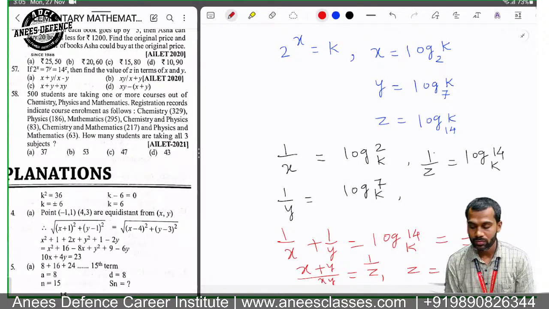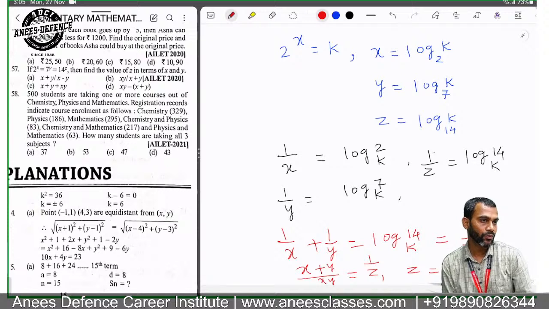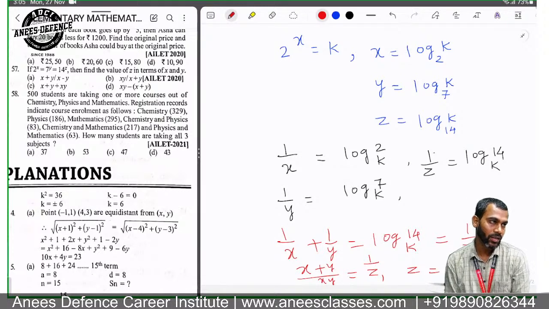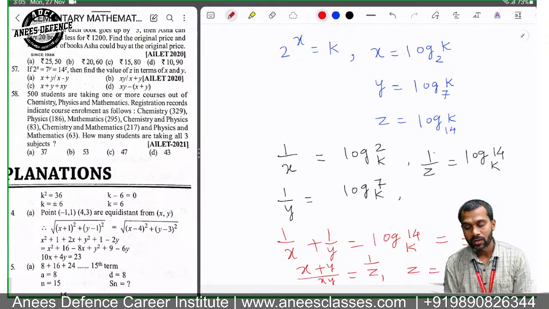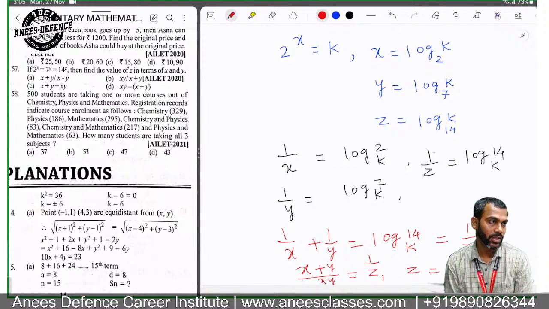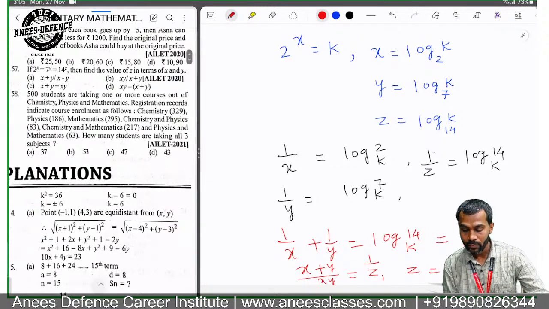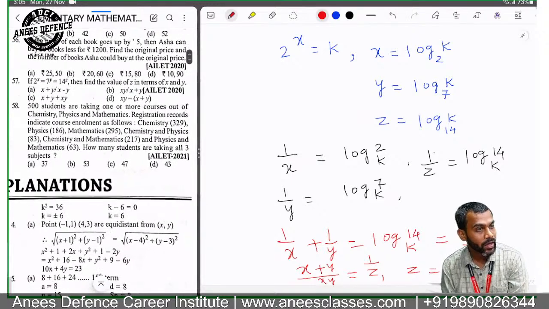So we don't have to find out the value of 1 by z. We need to find out the value of z in terms of x and y. So we need to simplify further. So 1 by z is x plus y over xy, so z would be xy over x plus y. That is the answer only.